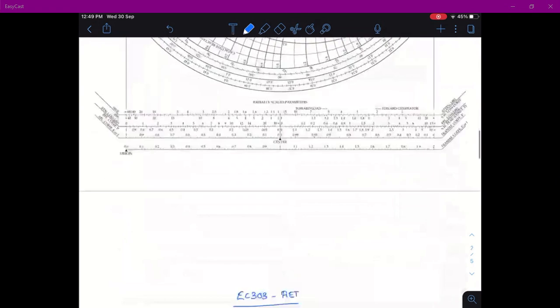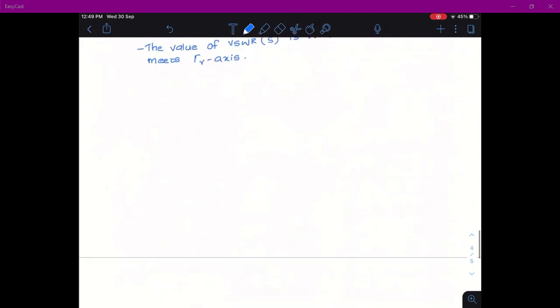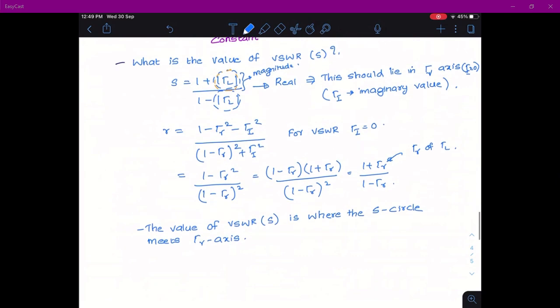So the value of VSWR is where the S circle meets the tau r axis to the right of origin. You cannot take the left, because this value will become less than 1, which is not possible.